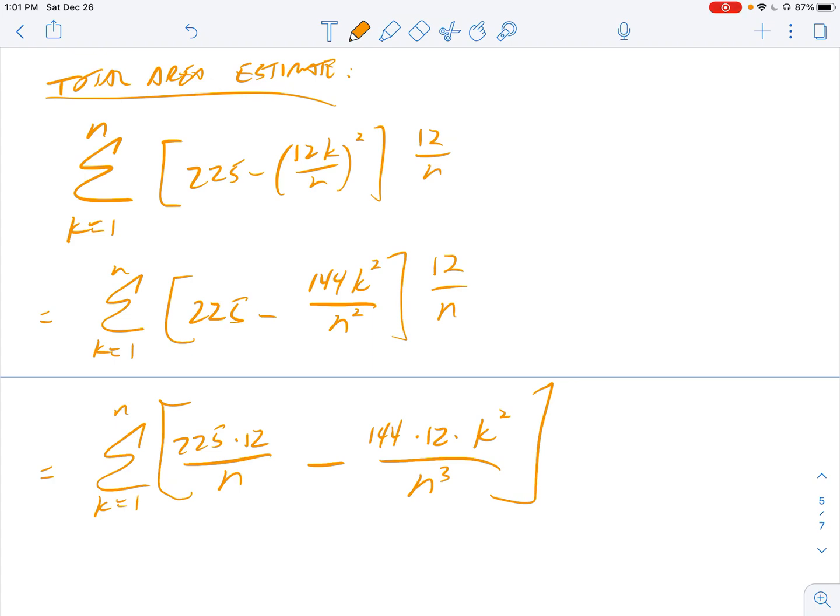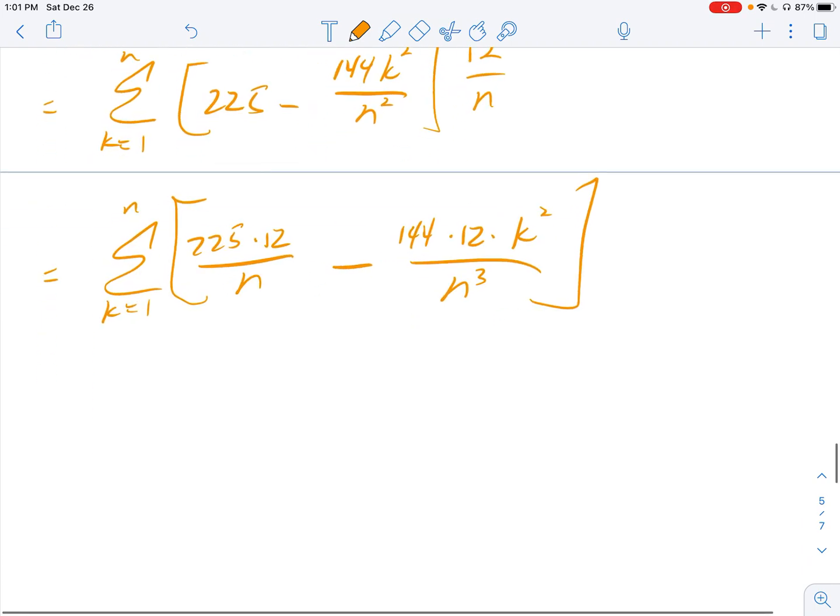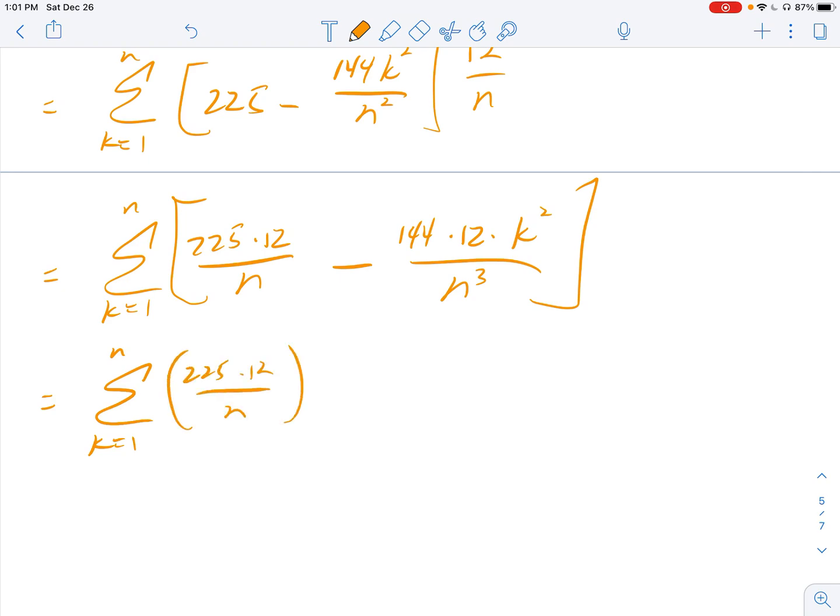I'm not going to bother evaluating 225 times 12 or 144 times 12 right now. At the very end, when I feel like I'm building towards an answer, I'll pull out a calculator and do those. Okay, let's split these up. So this is the sum as k goes from 1 to n of all of these guys added together, and then I can subtract the sum as k goes from 1 to n of all of these guys added together.